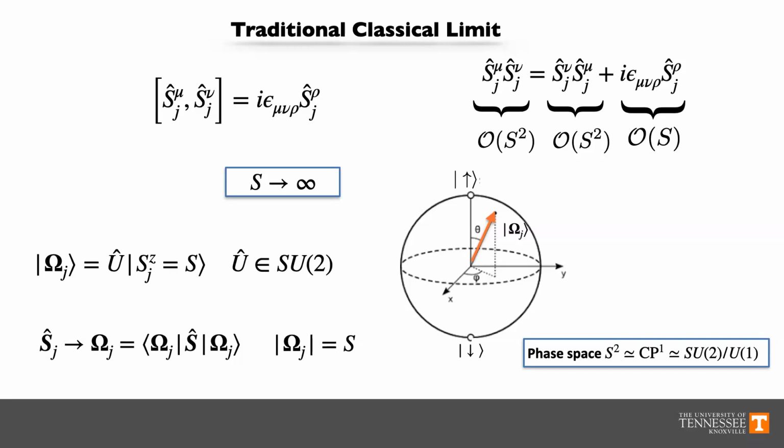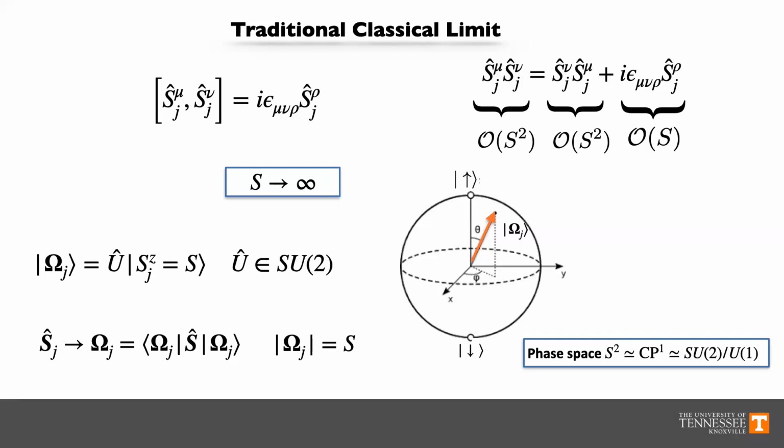There is a one-to-one correspondence between these coherent states, Omega, and the expectation values of the three spin components, the observables. So we can either represent the state as this coherent state, or through the expectation values of the three spin operators, which produce a vector of fixed magnitude.